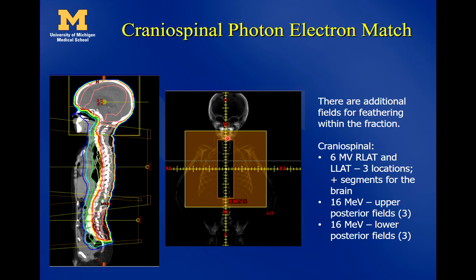And then the photon field will shrink relative to that, and the other electron field here on the spine and down towards the sacrum will shrink away. So a lot of times the middle one will bump out larger, and the other fields will compensate to keep it all the same. And then that way you're feathering out. When we do that, we call that dose feathering. We'll spread that out over 3 different plans for the patient over that treatment and feather that dose out.